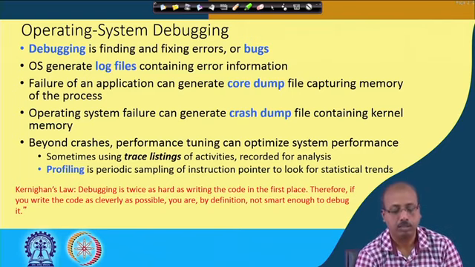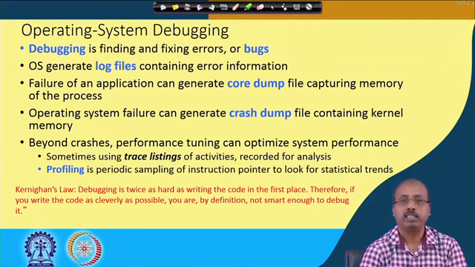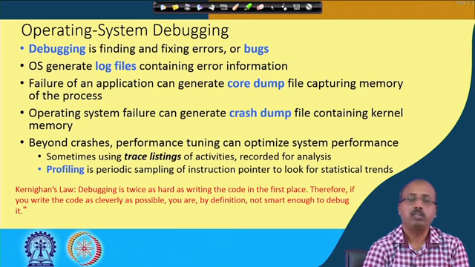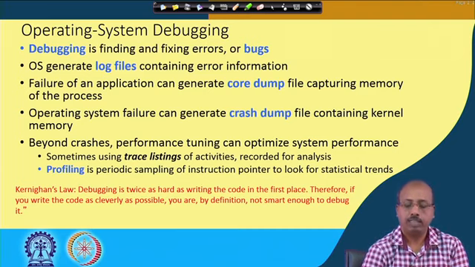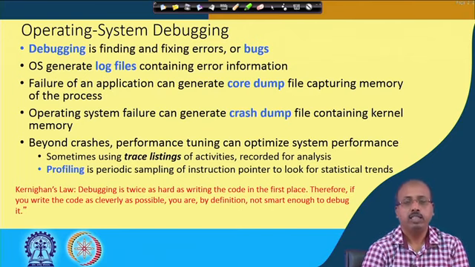There is something called Kernighan's law, which says that debugging is twice as hard as writing the code in the first place. This is very important because somebody else has developed the code, and now we are trying to find what the difficulty with that code is. It is very difficult, and even if it is done by the same person who developed the code, it is often very difficult to find the exact root cause.